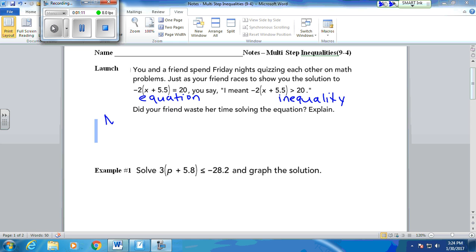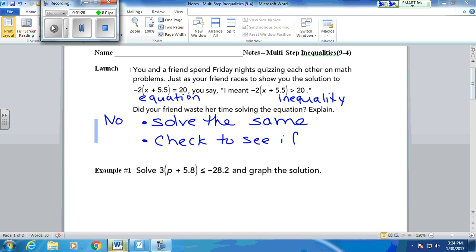I'm going to say no, because you solve the inequality the same way that you do in an equation. But the only thing you need to do is check to see if the sign needs to be reversed.